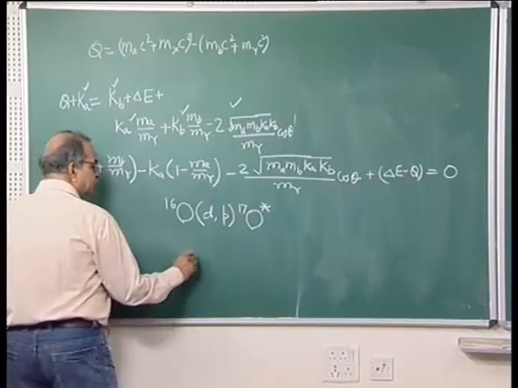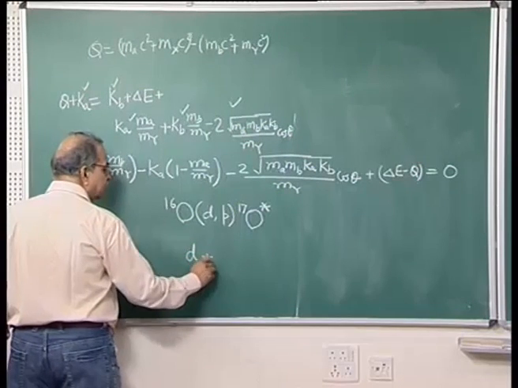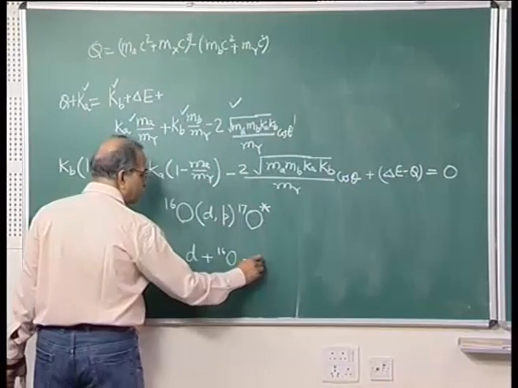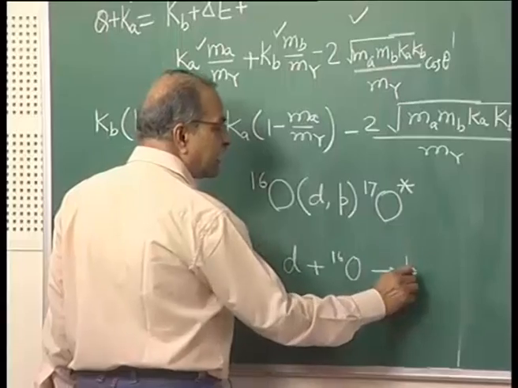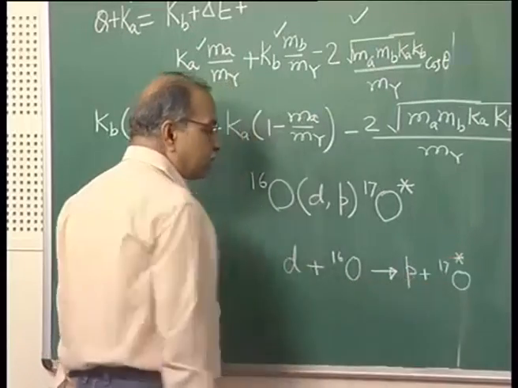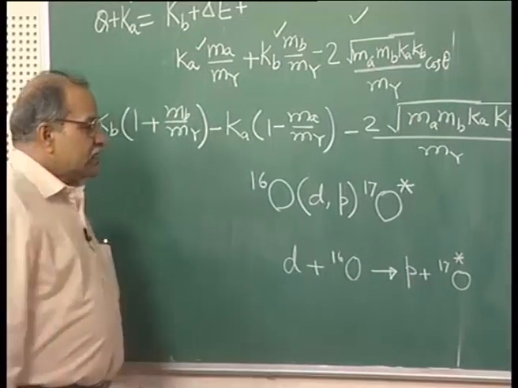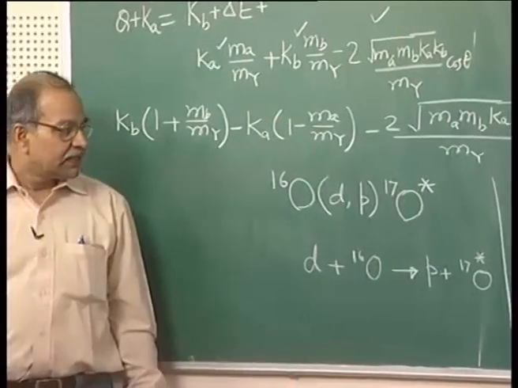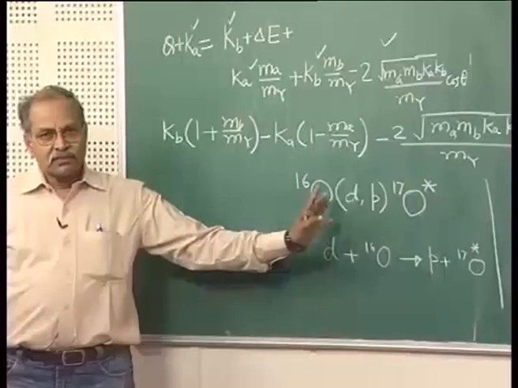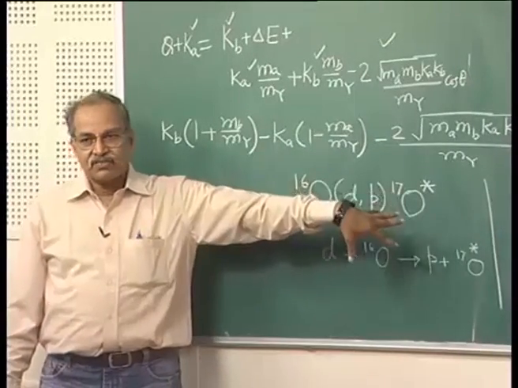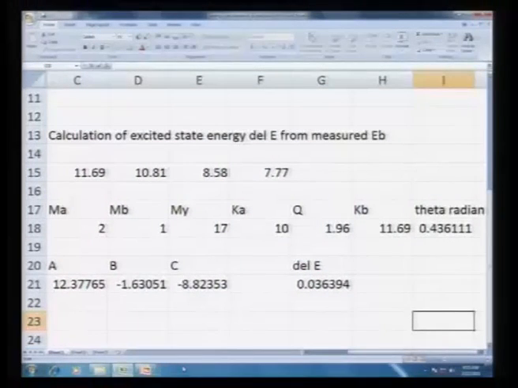So, this is the reaction, that means this deuteron is made to be incident on this oxygen target, and what we are observing is a proton, and inside the target you are creating that 17O. Right. So, this reaction I will show you an Excel calculation and how this can give you the energy levels of this 17O. All right. So, look at your screen.